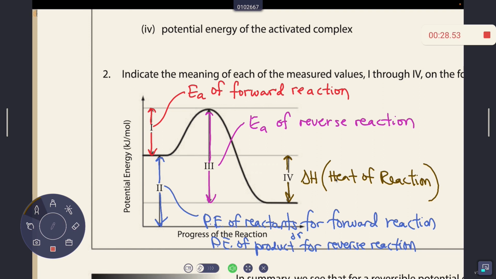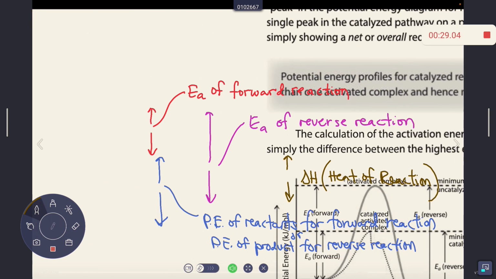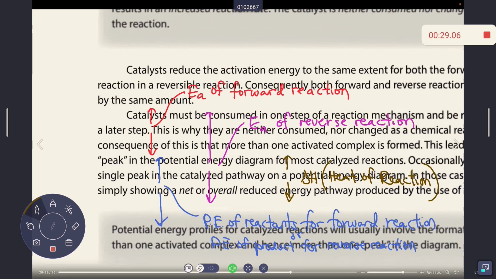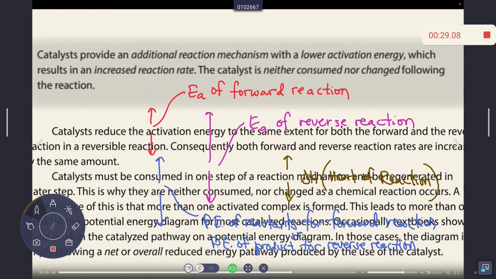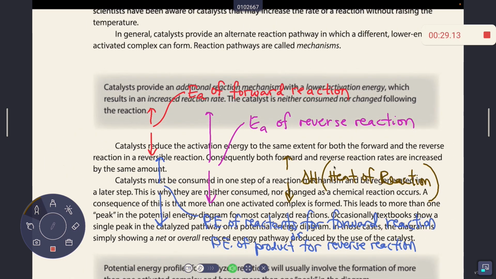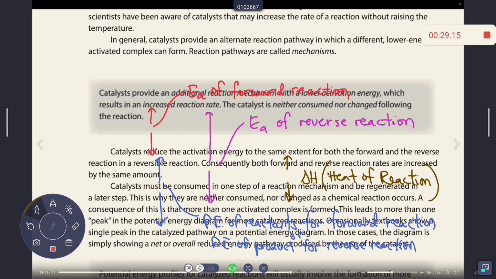Let's talk about catalysts. So adding a catalyst allows us to take a different pathway, which is known as a reaction mechanism.